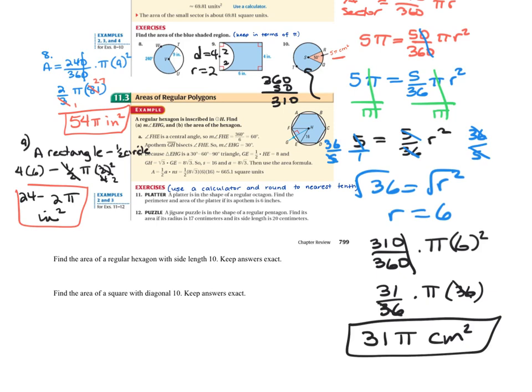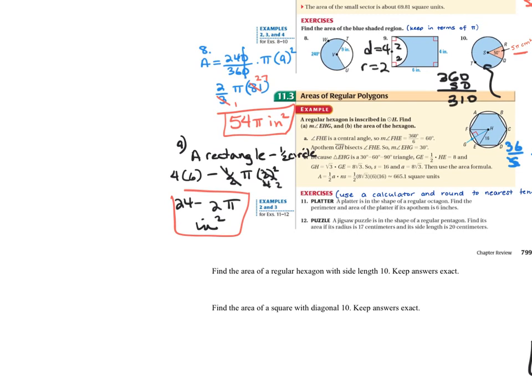Let's take a look at number 11. 11 says a platter is in the shape of a regular octagon. Find the perimeter and the area of the platter if its apothem is 6 inches. So let me do number 11 over here. It says it's an octagon.